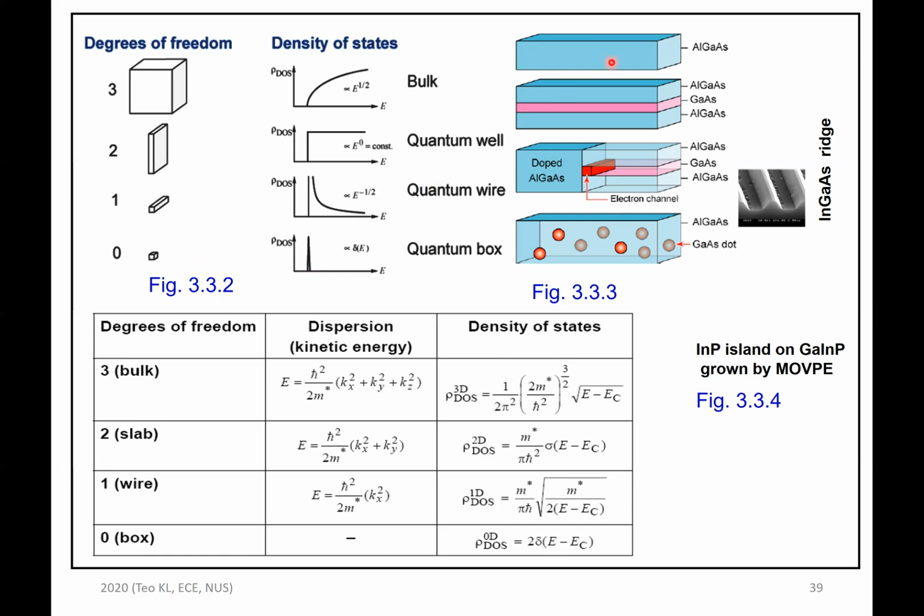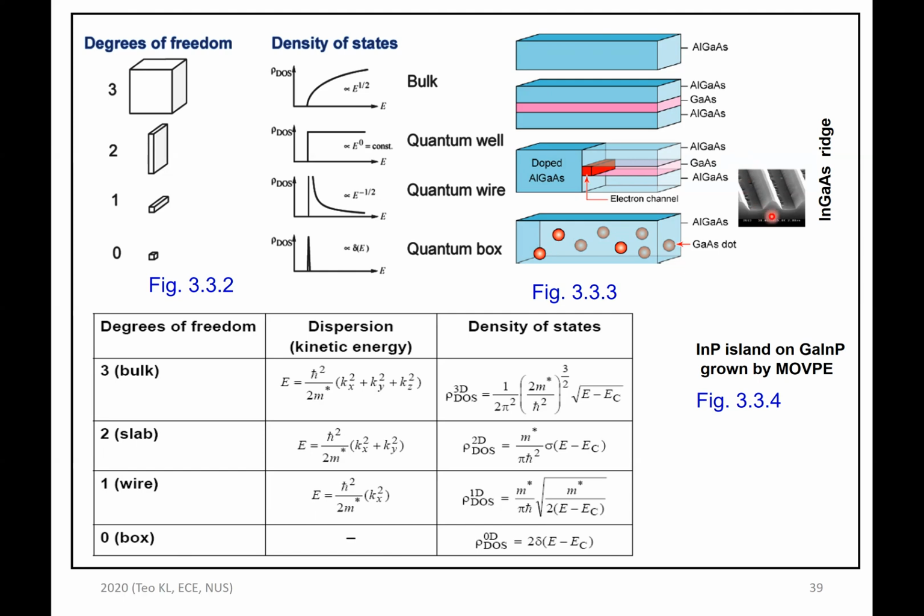So this represents a bulk semiconductor, this represents a quantum well, this represents a nanowire, and this represents the quantum dot or quantum box. In terms of a quantum wire, you can artificially design an edge by forming an indium gallium arsenide ridge.